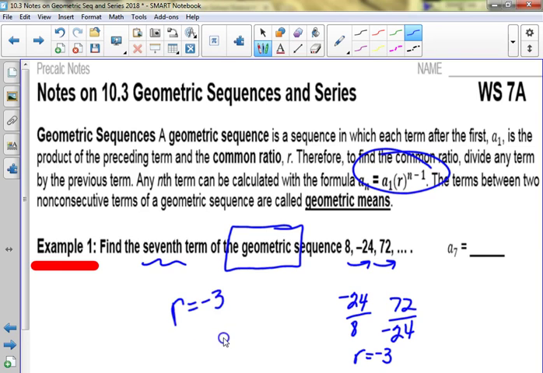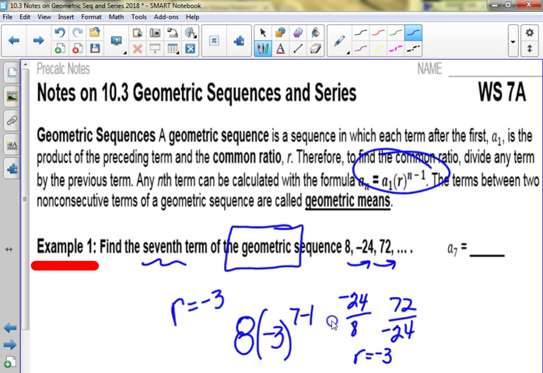How do I find the 7th term then? Okay, which would look like? Good job. 7th term means we're going to do this 6 times. Again, the parentheses are important because 6 negatives are going to make a positive.